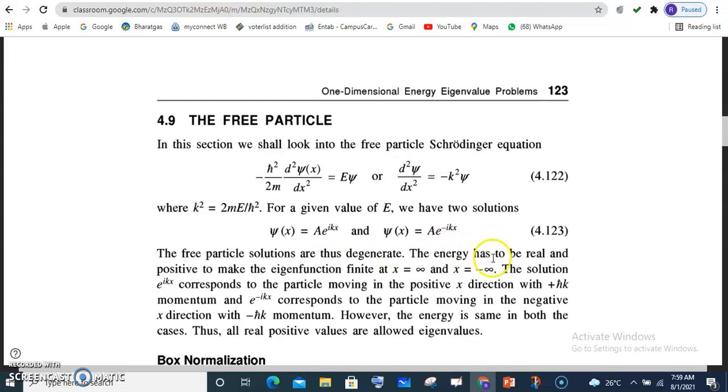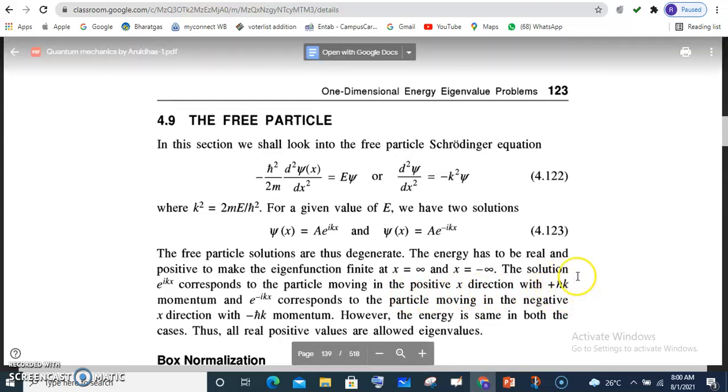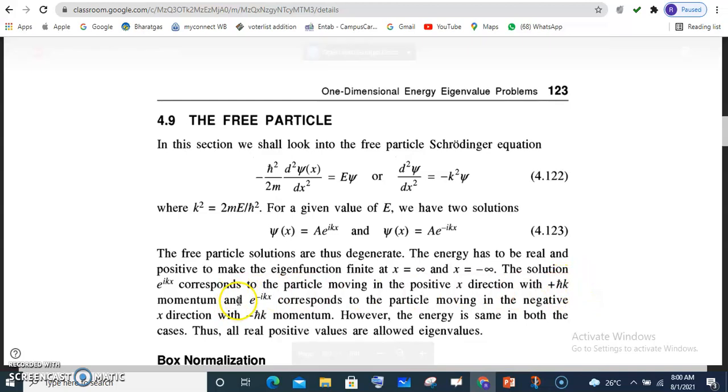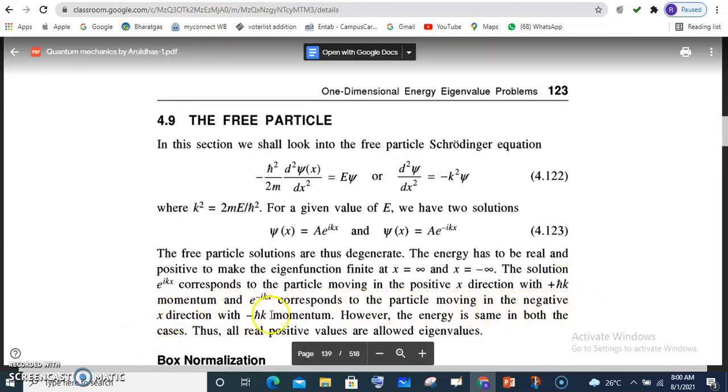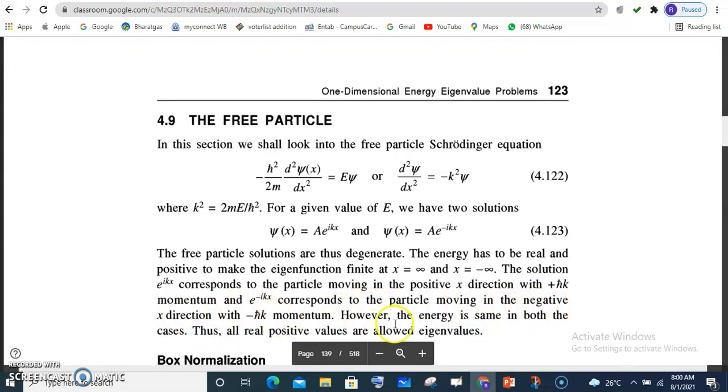But we know that the energy has to be real and positive to make the eigenfunction finite at x equal to plus or minus infinity. Also, if we analyze these two solutions, e raised to i kx corresponds to a particle moving in the positive x direction with momentum plus h cut k, and e raised to minus i kx corresponds to a particle moving in the negative x direction with momentum minus h cut k.